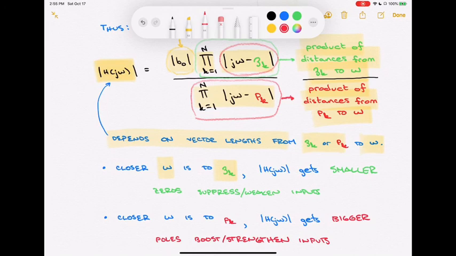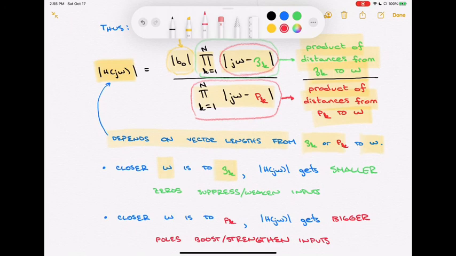If you look at the poles, if you have a frequency that is close to a pole, that denominator distance gets small, but because it's in the denominator, 1 over a small number becomes big. That means the magnitude response acts reciprocally to that small distance, so it's going to get large. If you have an input frequency that is near a pole, that pole wants to boost or make the response to that particular frequency stronger.